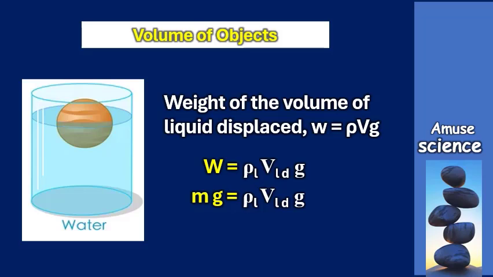And since g, the acceleration due to gravity, is at both sides of the equation, we can divide both sides by g, and we are going to have m is equal to rho L times VLD, that is the mass of the volume of liquid displaced is equal to the density of the liquid times the volume of the liquid displaced. And so this is the beautiful concept of density of objects.